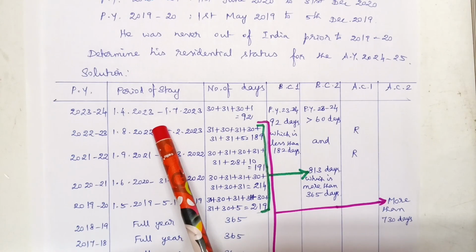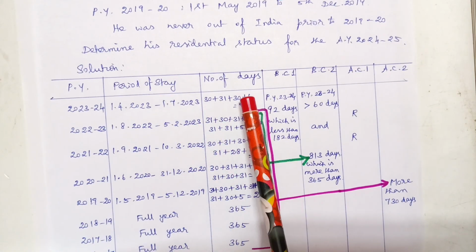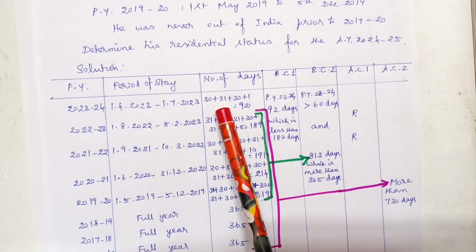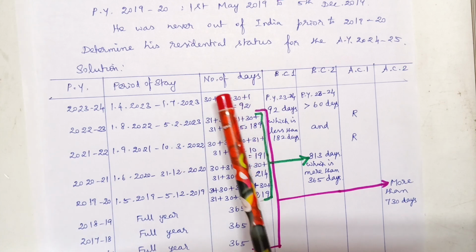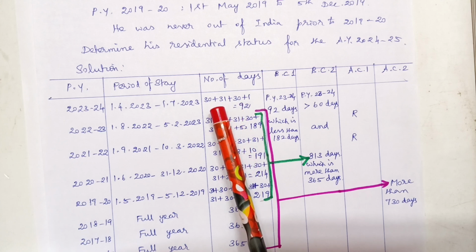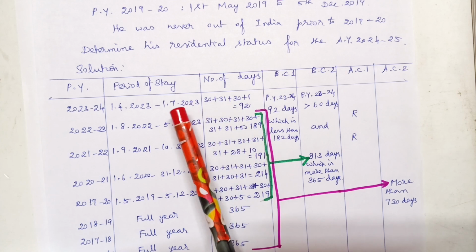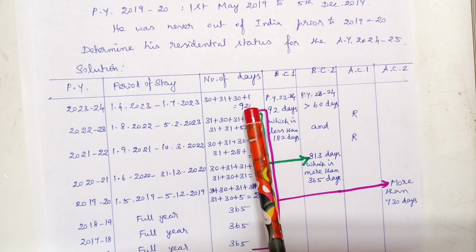In the next column, the number of days is calculated: April 30 days, May 31 days, June 30 days and July 1 day. For calculating the number of days, we have to include the date of leaving and date of arrival. Here the assessee is leaving on 1/7/2023, so that should also be included. When we find the total, we get 92 days.